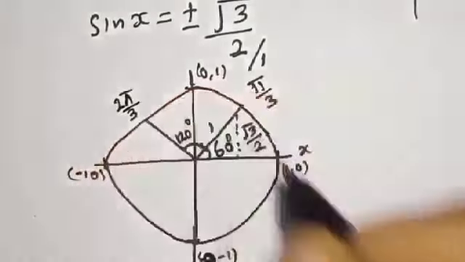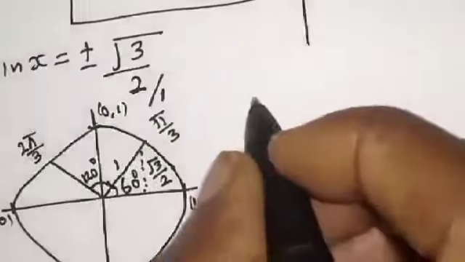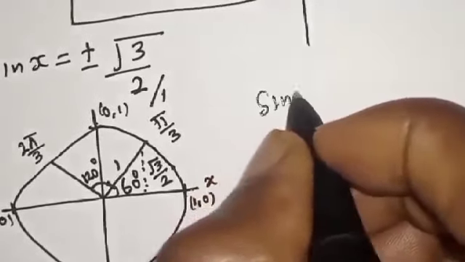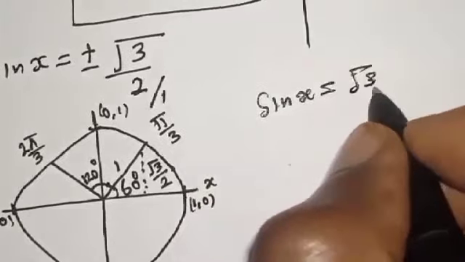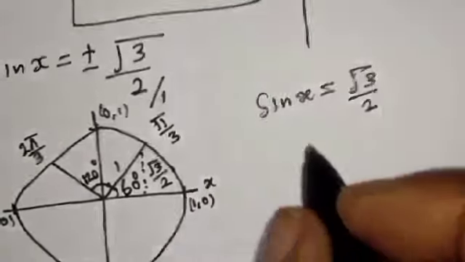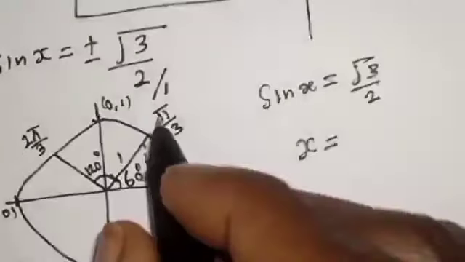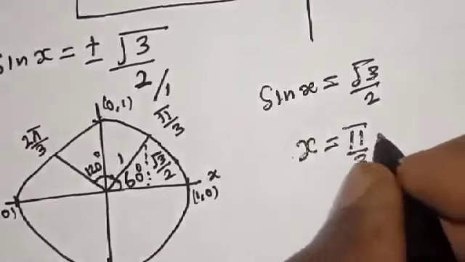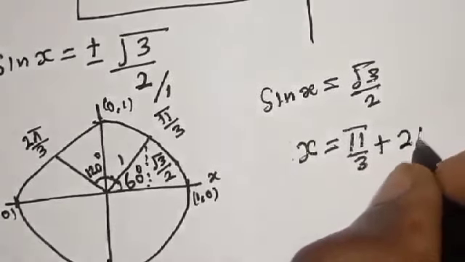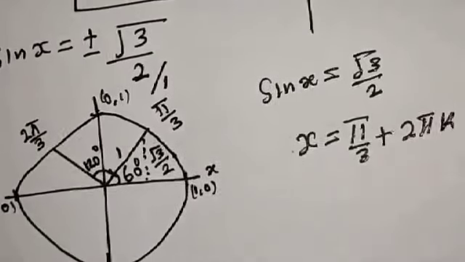Therefore, the radian above the plane, for sine x is equal to root 3 over 2. Then x is equal to what? Here is pi over 3 plus 2 pi constant.